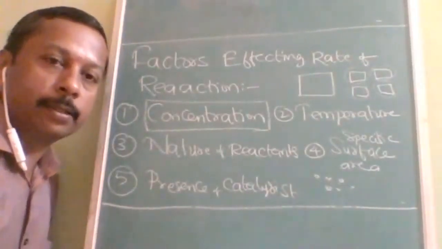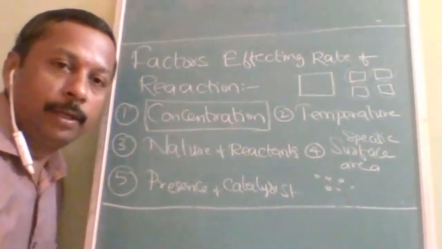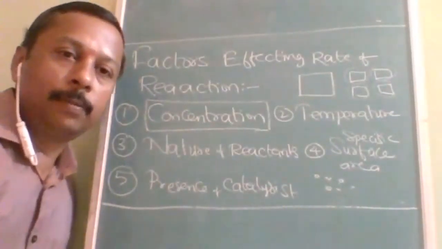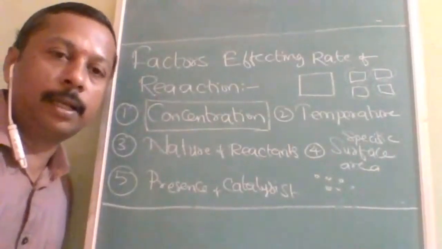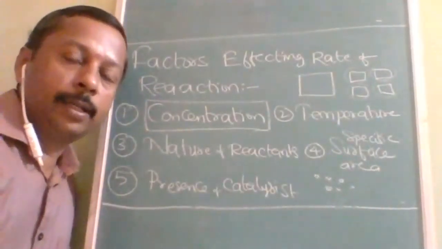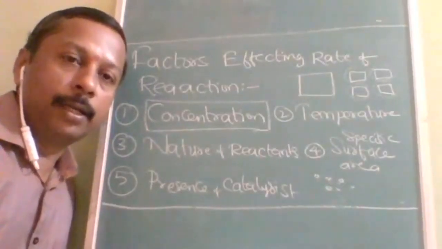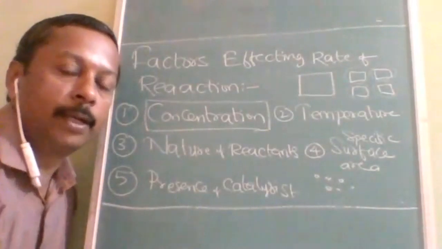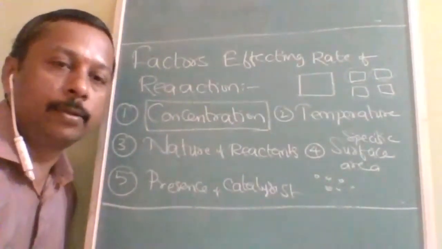The fifth point is presence of catalyst. Normally we try to improve the rate of reaction. If we use a positive catalyst, the rate of reaction will increase. If we use a negative catalyst, the rate of reaction will decrease. So the rate of reaction depends upon the type of catalyst used.